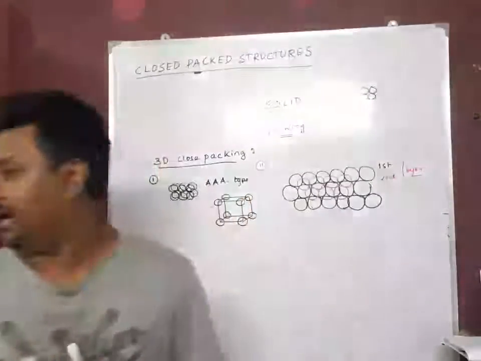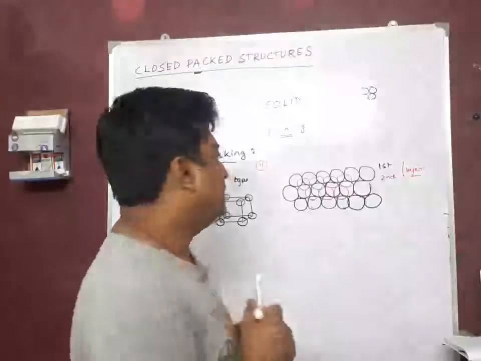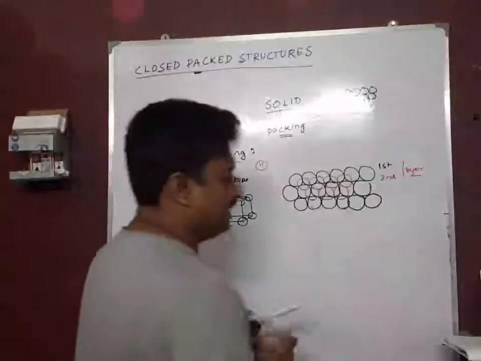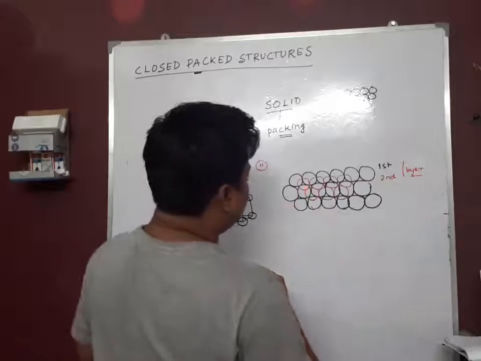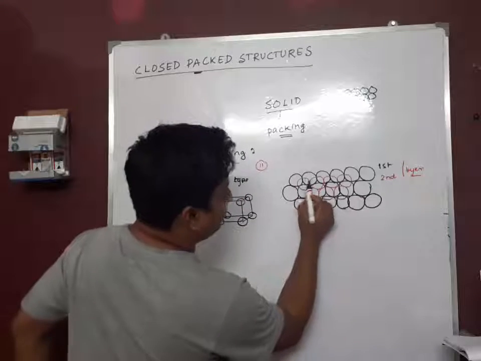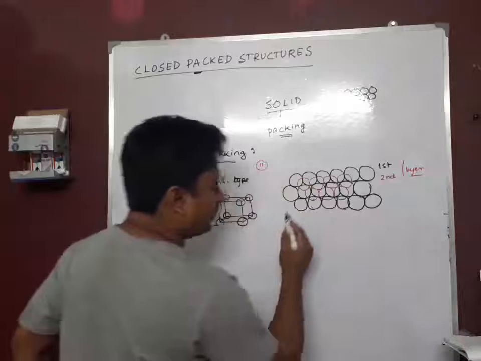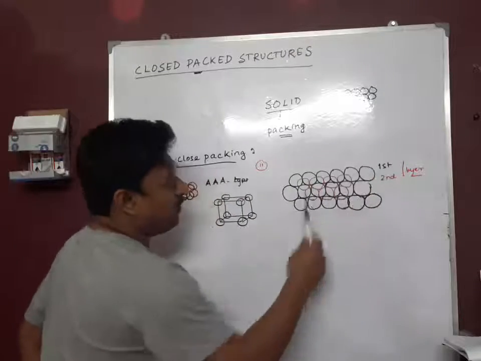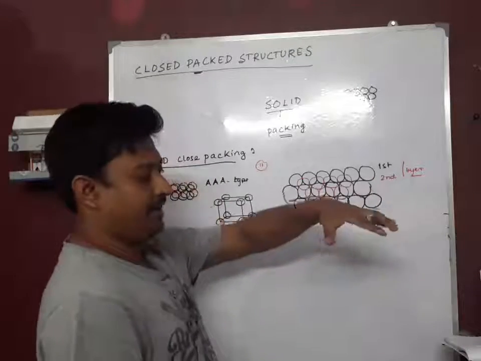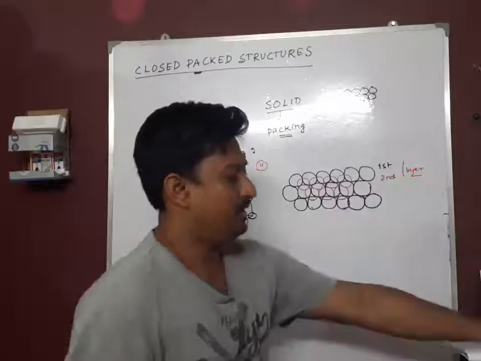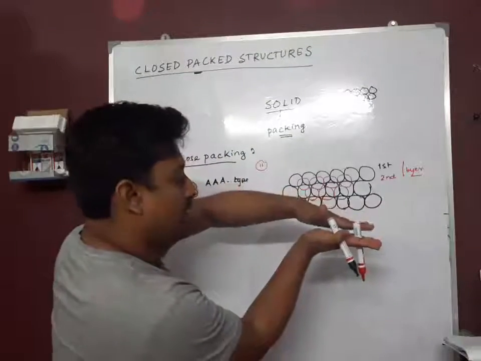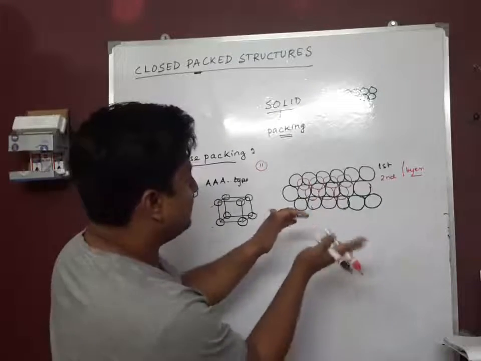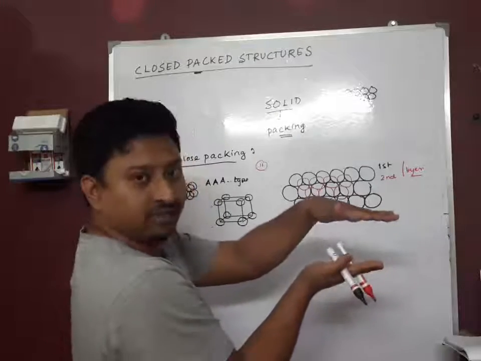So if you see very carefully here, this part, if I draw, this black one is the upper layer and the red one is the lower layer. So they are just over each other.